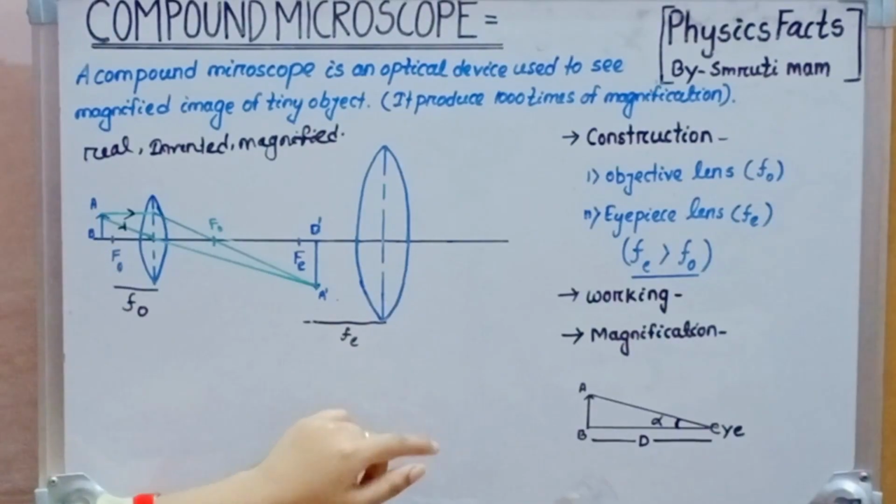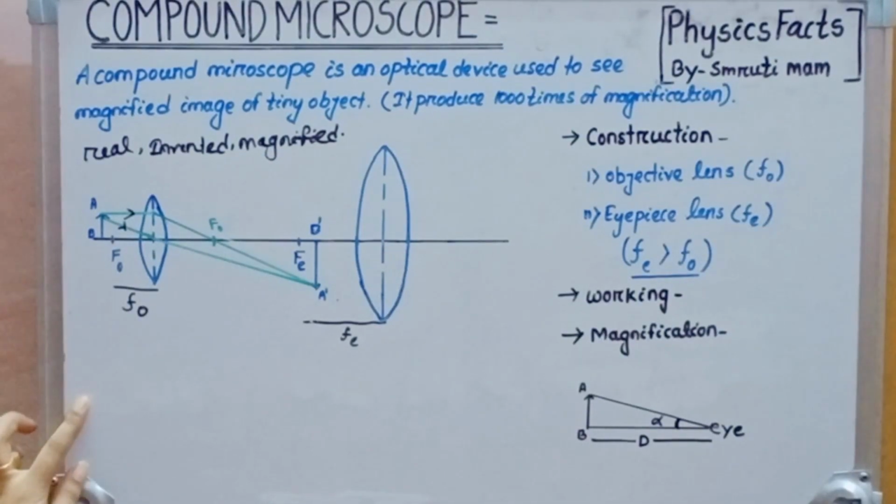Now take one ray which is parallel to the principal axis and goes through the focus, and another ray goes through the center of curvature. There is no deviation, and the two rays diverge but appear to come from one point, and at that point the image is produced.